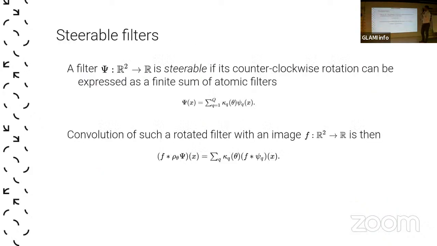Then, as I mentioned, comes the question of constructing steerable filters, which are filters that you can rotate by any angle. And this is going to be a key ingredient to creating an approximation of an equivariant neural network. We're going to take the filters, and we're not going to rotate them by 90 degrees.